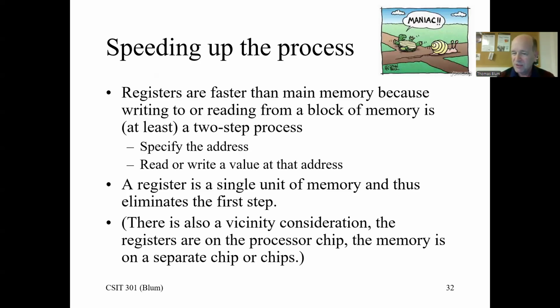They are on the processor chip, whereas memory is separate. So there are two things: the registers that are on the processor, next to the ALU and control, and then there's memory. It's always more complicated than that. There's another level in there called the cache. We'll talk about it another time.